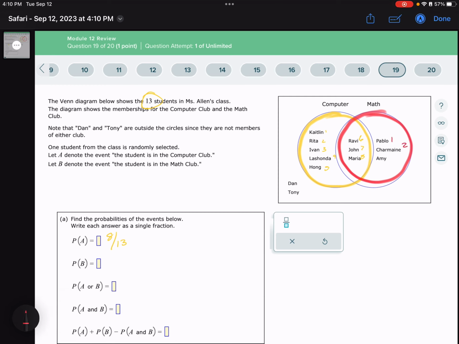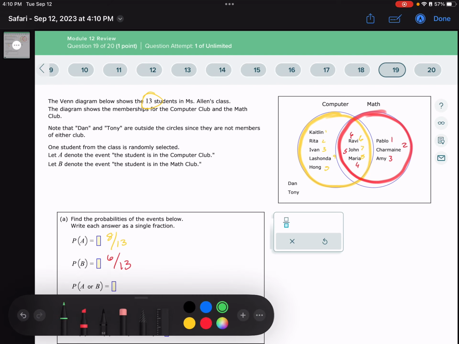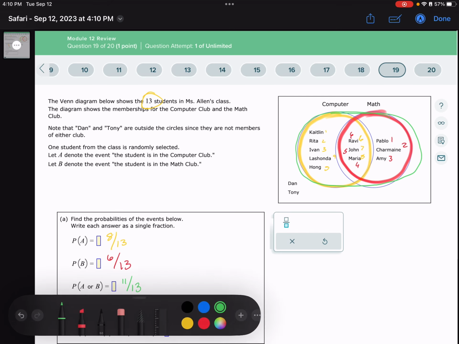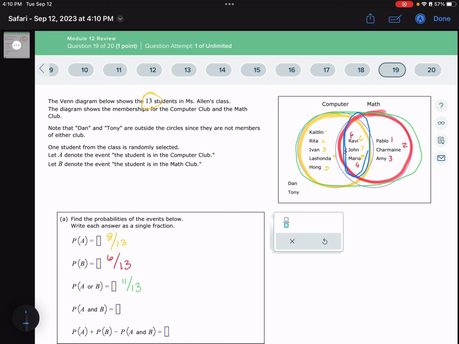So I have 1, 2, 3, 4, 5, 6 out of my 13. A or B is the entirety of both circles. So I'm going to have 11 out of 13. Okay, just checking myself. Your next one is the and, which is your overlap, which is going to be 3 out of 13.